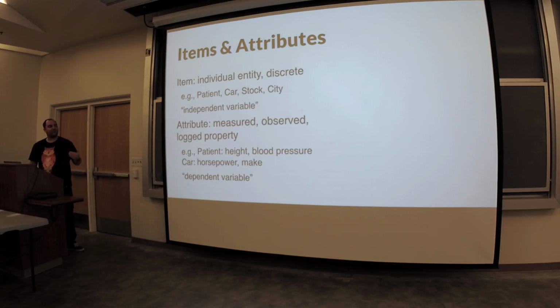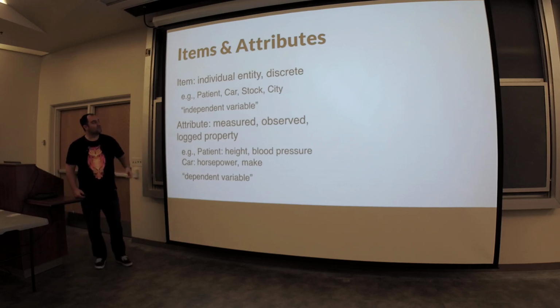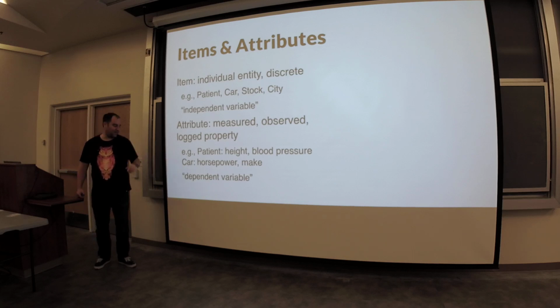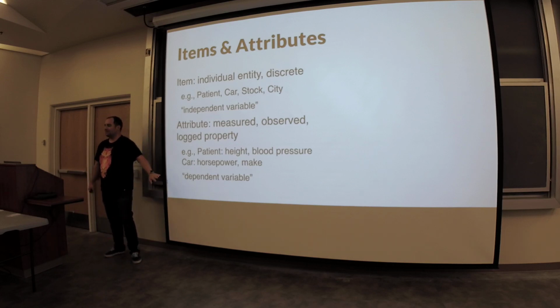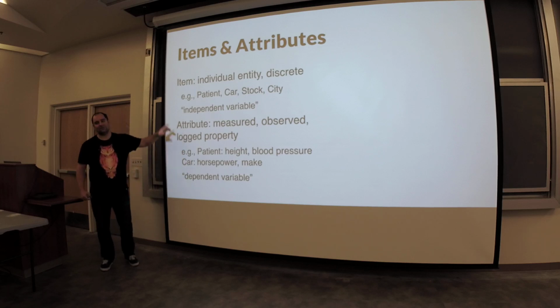They are observed about these items, or we log their property. So for example, if we have a patient, the attributes would be patient height, blood pressure. If we have a car, the item would be a car, and we have the attributes horsepower, make. This is what in statistics we usually refer to as the dependent variable, because the values of the attributes depend on the independent variable.